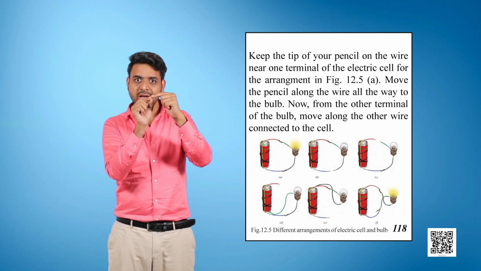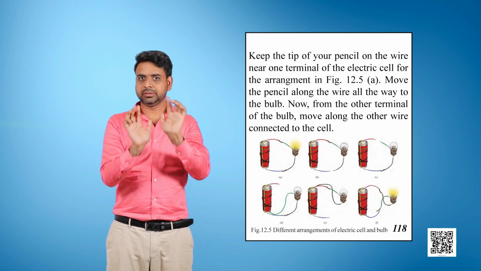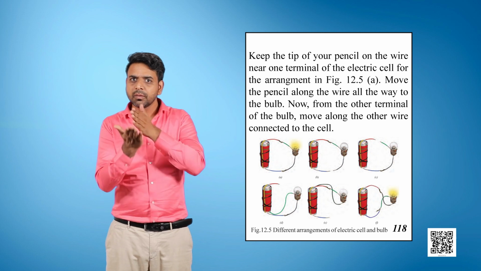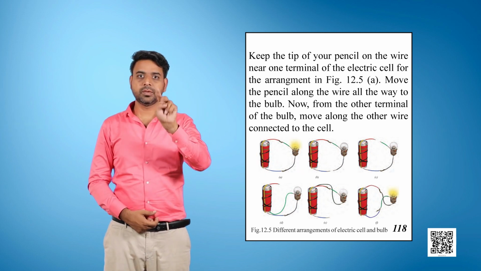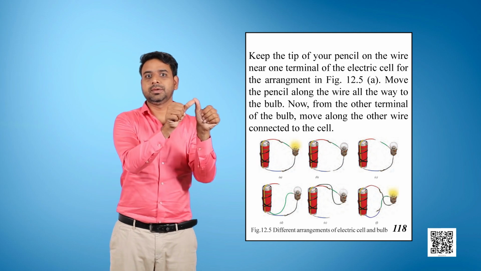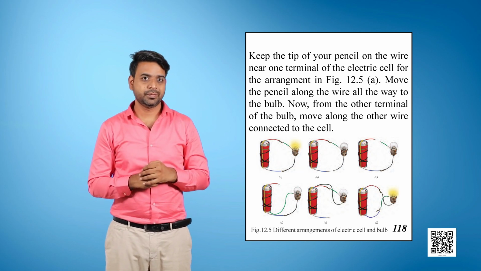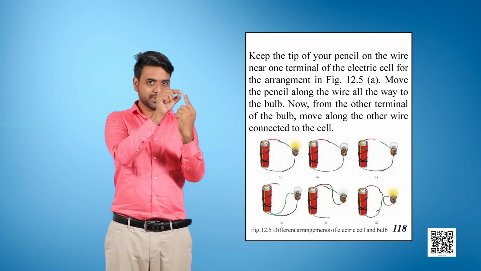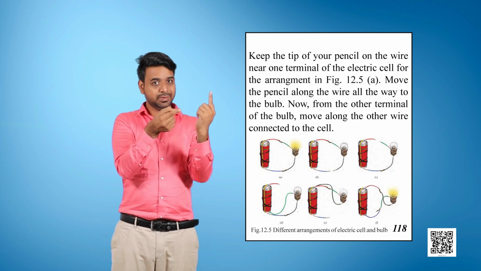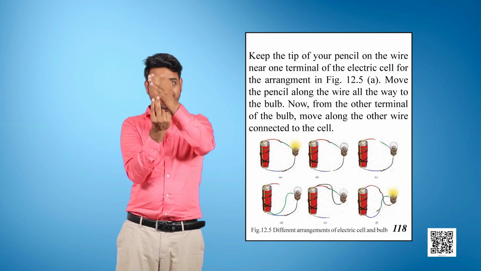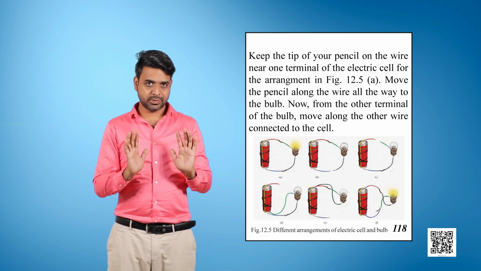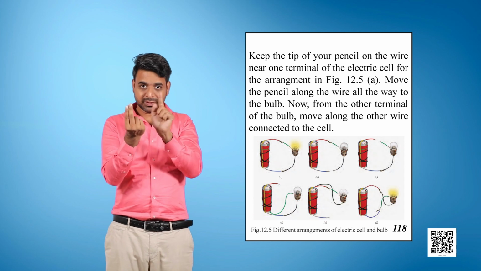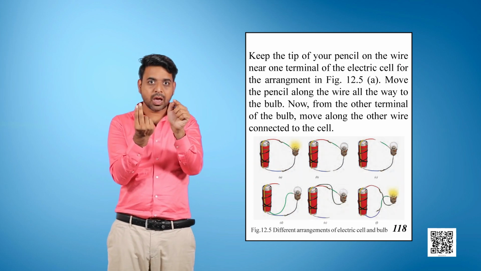Keep the tip of your pencil on the wire near one terminal of the electric cell for the arrangement in figure 12.5a. Move the pencil along the wire all the way to the bulb. Now, from the other terminal of the bulb, move along the other wire connected to the cell.